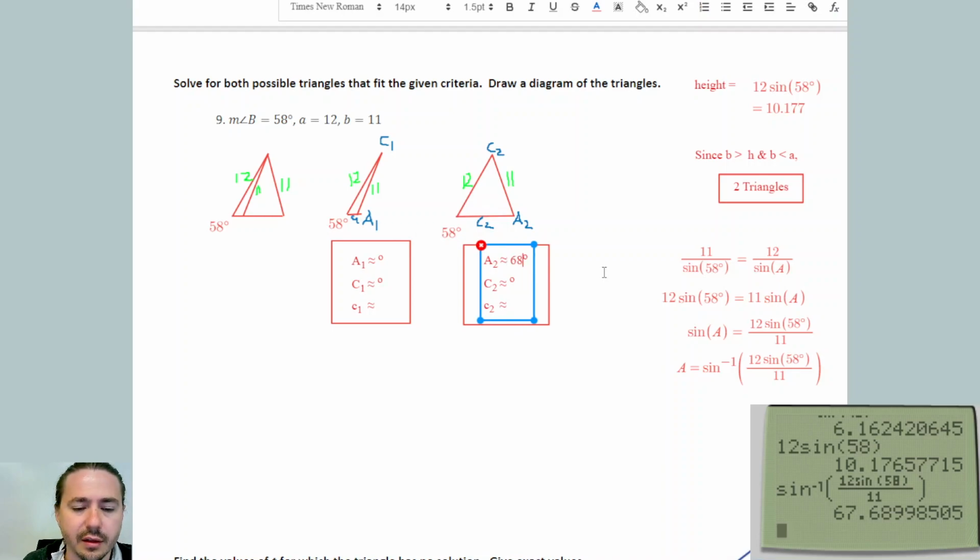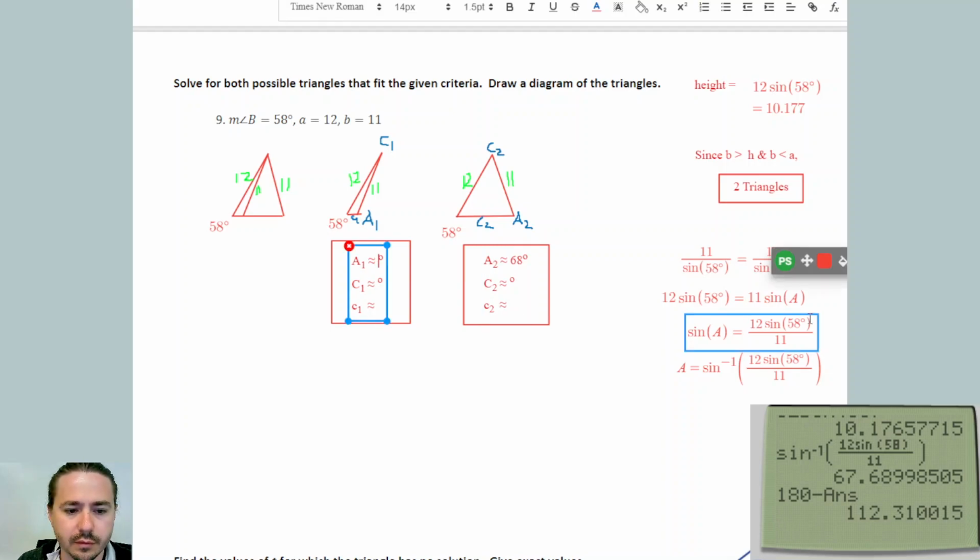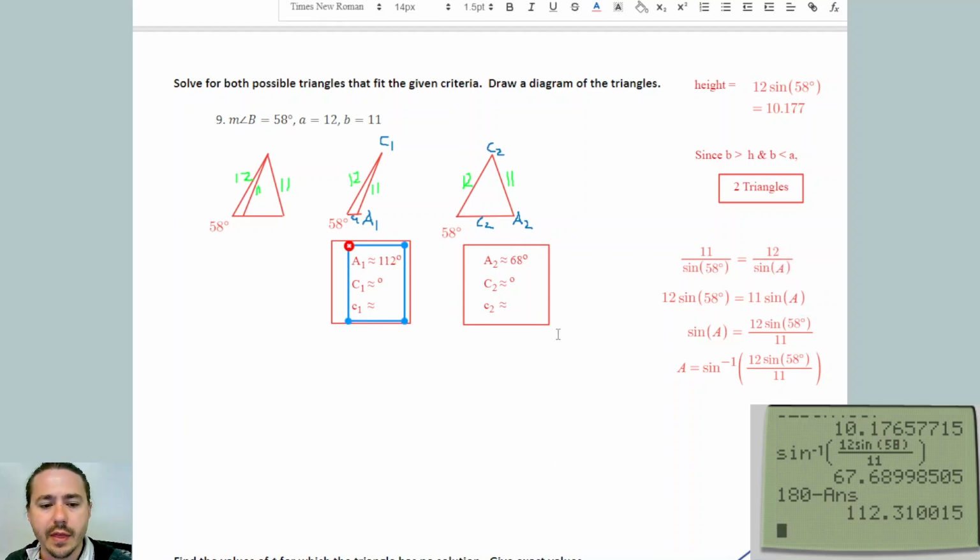To get the obtuse one, we're going to subtract that from 180. So we get about 112. And then to find angle C, we're going to subtract each of these from 180 along with the 58.